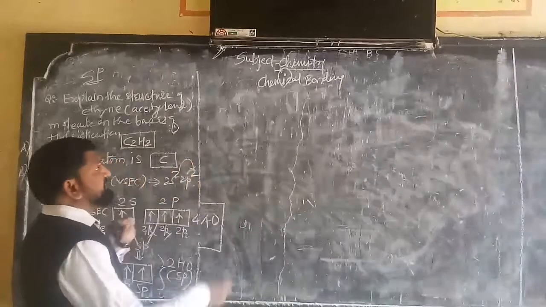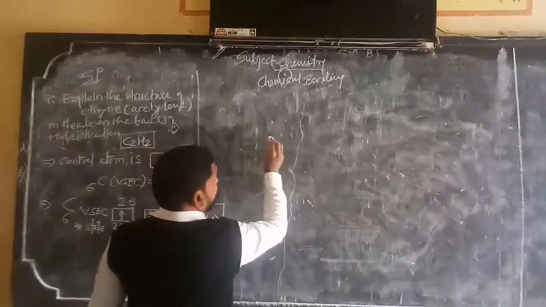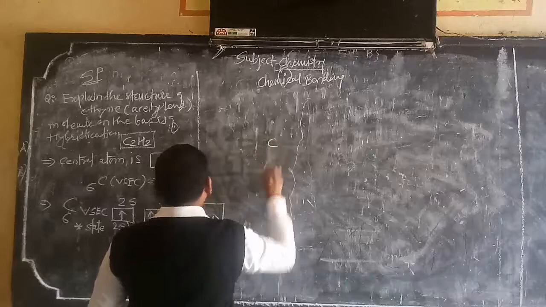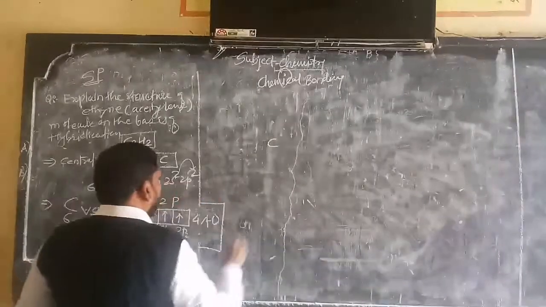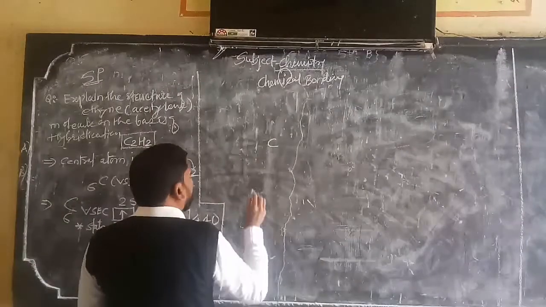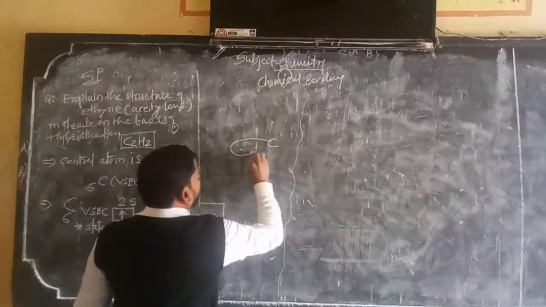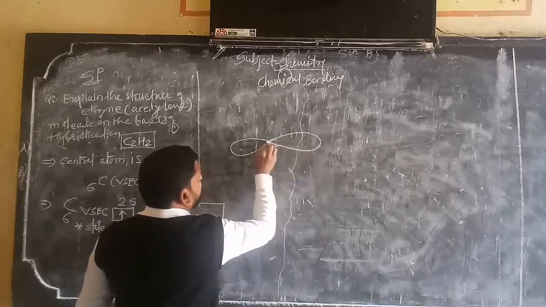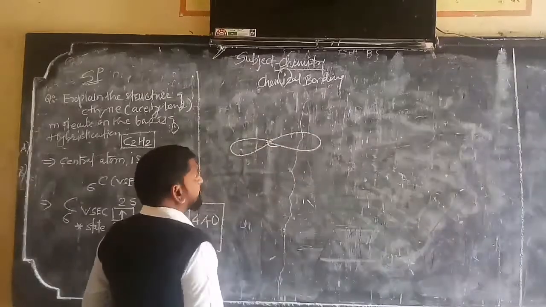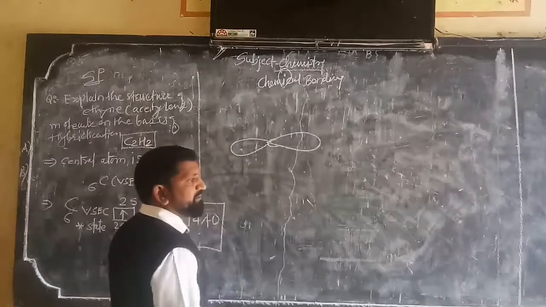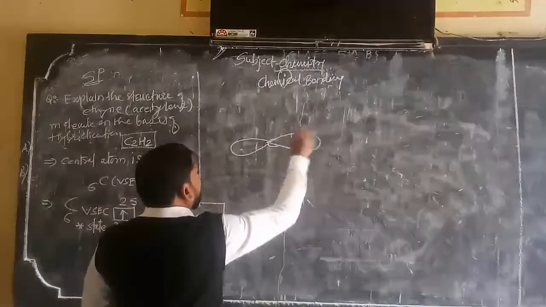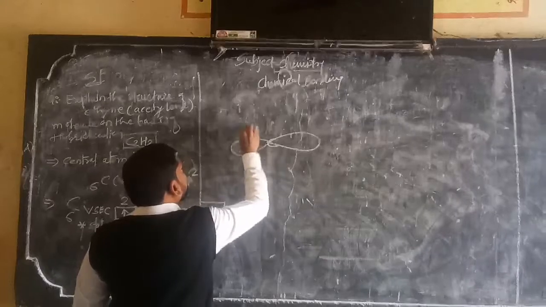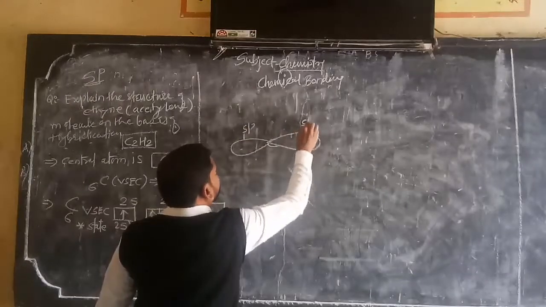Okay, now see here. So let us write here carbon. Carbon has 2 sp hybrid orbitals which are diagonally opposite to each other, or we can say they are linear. They arrange themselves in the diagonal or linear fashion, and the name is sp.